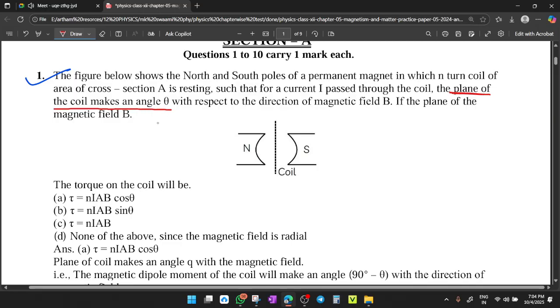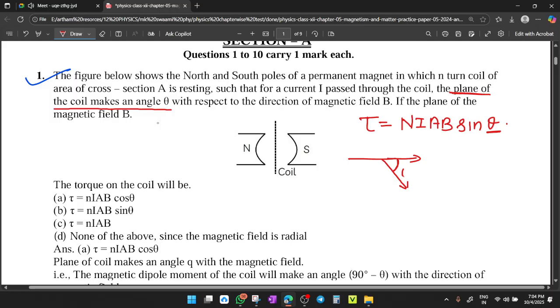If there is an angle with the normal, the torque is NIAB sine theta. So theta is the angle made with the normal, when the magnetic field is like this and the normal is lying here.